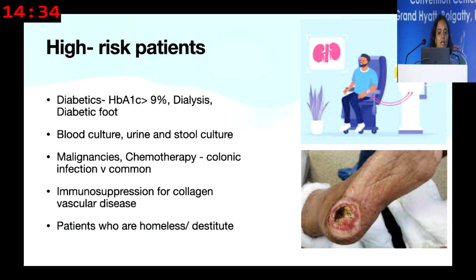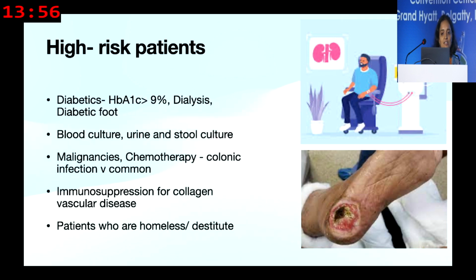Diabetics, especially those with a higher HbA1c, or those who have had an acute control of HbA1c when the HbA1c levels have been drastically reduced. Those patients on dialysis for chronic kidney disease due to diabetes or any other cause, and diabetic foot is a source potentially of systemic sepsis, septicemia. In patients with malignancy and those on chemotherapy, colonic infections are very common, and microemboli of microorganisms into the bloodstream are very common.